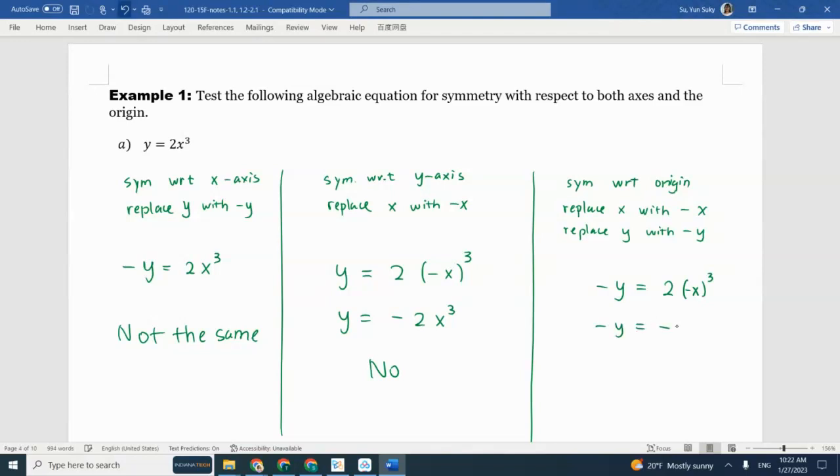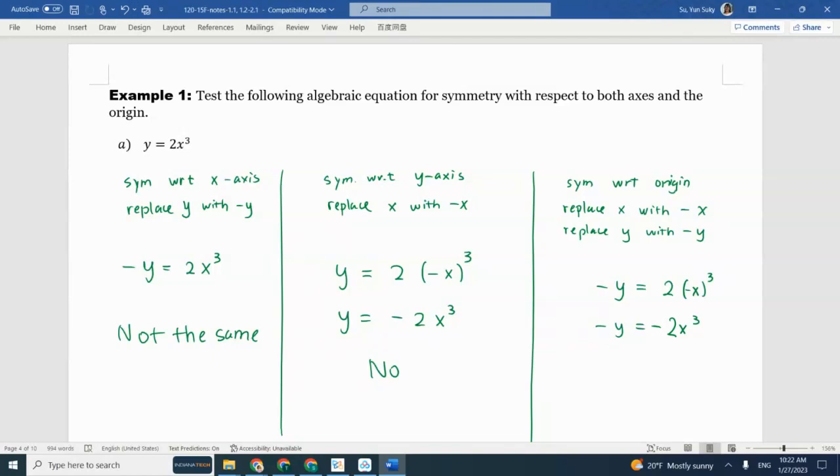But on the right-hand side, we know that negative 1 cubed is still negative 1. By the way, you don't write something like this. This is multiplication. This is subtraction. So you put the minus sign in front of the 2.